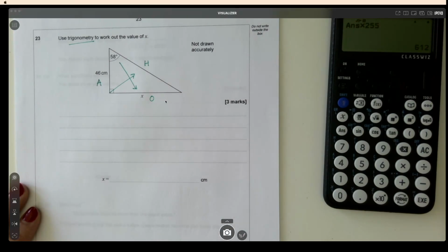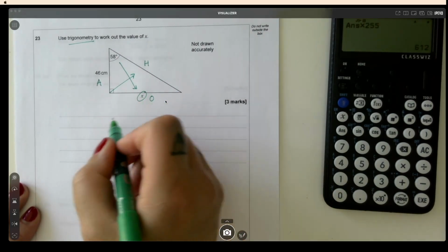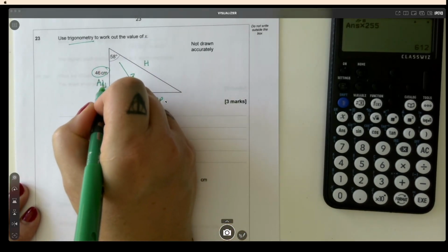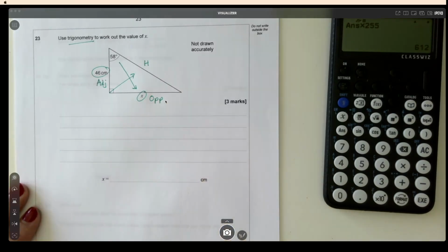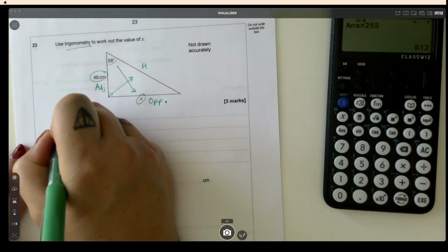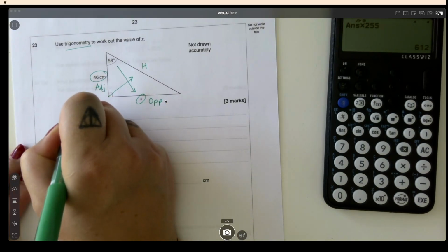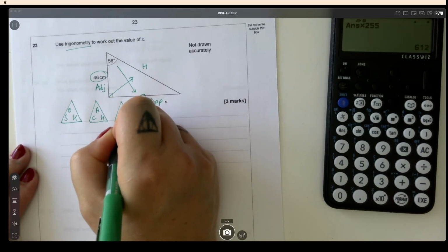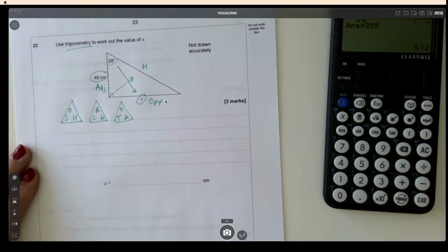So now I need to figure out which of the trigonometric ratios I'm going to use. So I'm looking for this, which is the opposite, and I've been given this side, which is the adjacent. So I'm dealing with the opposite and the adjacent. However, you've been told to remember SOHCAHTOA, to remember the trigonometric ratios.